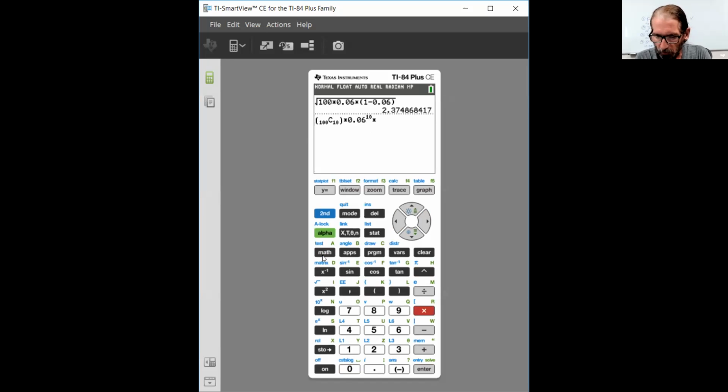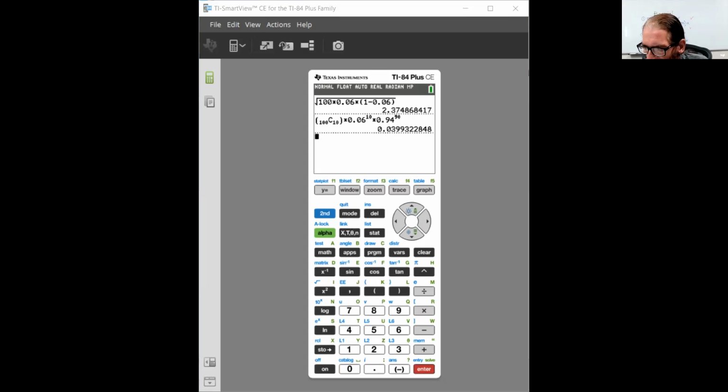Now we already know 1 minus 0.06 is 0.94, but you could have typed it as I did previously. And we also know that 100 minus 10 is 90. So the same result of 0.0399 when we round to 4 places.